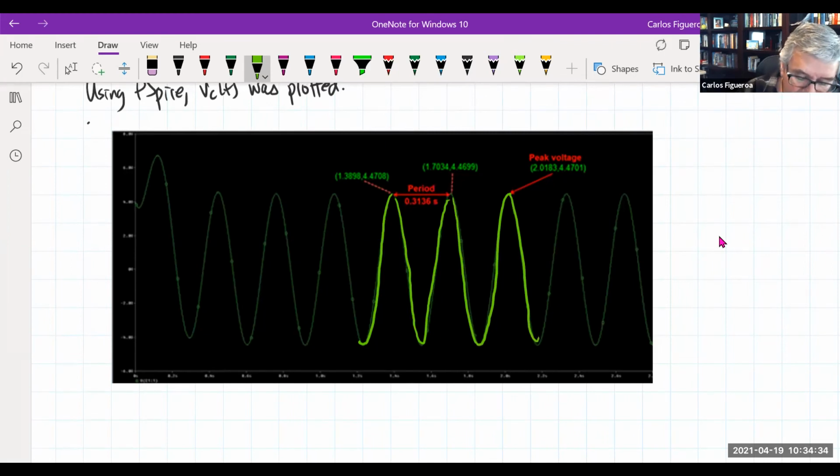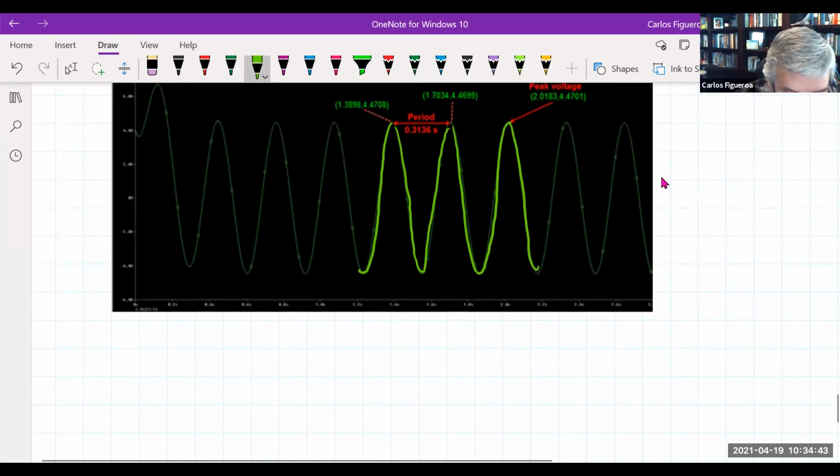What you find here is that I started to look at the solution at various points.